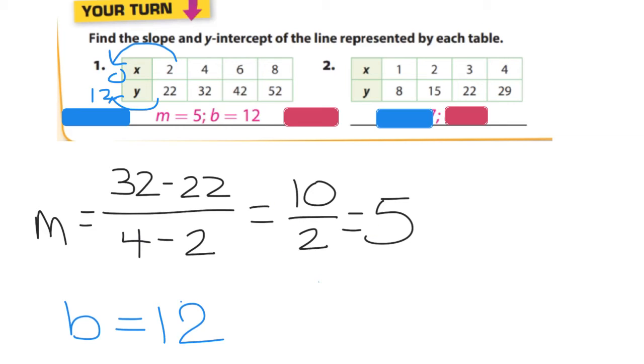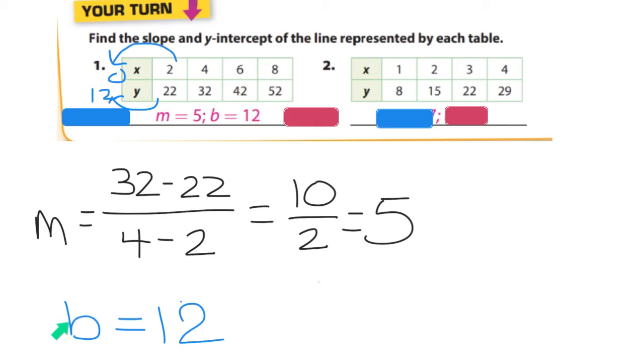That's your slope. Remember, your slope and your rate of change are exactly the same. This is the same thing as doing y2 minus y1 over x2 minus x1. You just find how your y's change and how your x's change.